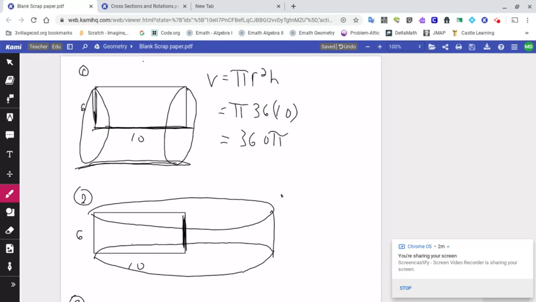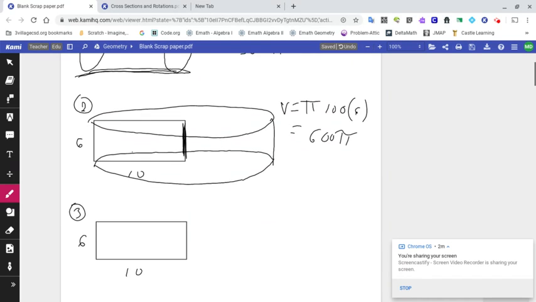So the volume equals pi, the radius is 10, 10 squared is 100, and the height is 6. That's going to give me a cylinder with a volume of 600 pi. So that's no good. All right, so I'm going to keep going.